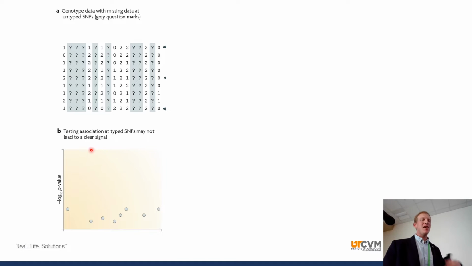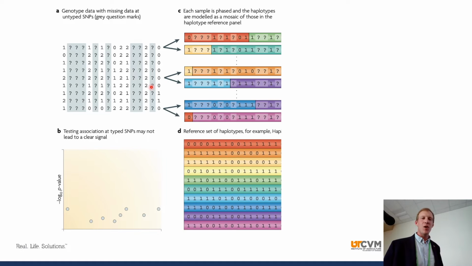So the idea is that if we're trying to do some sort of an association test, and we are only genotyping 50,000 markers across the genome, we're getting a limited snapshot. We're likely to miss some of the stronger associations that might be there, but that just aren't genotyped on our assay or whatnot.